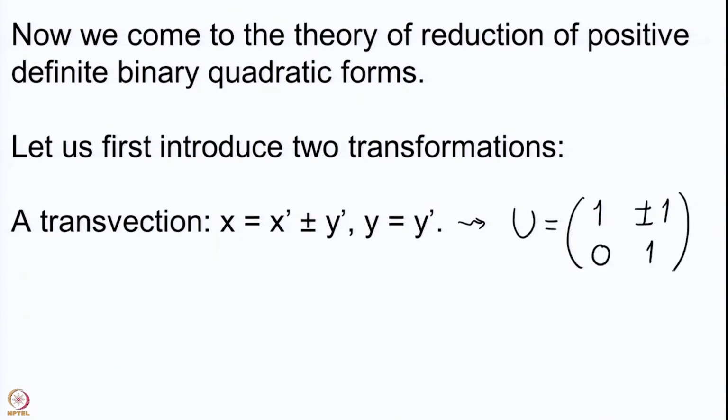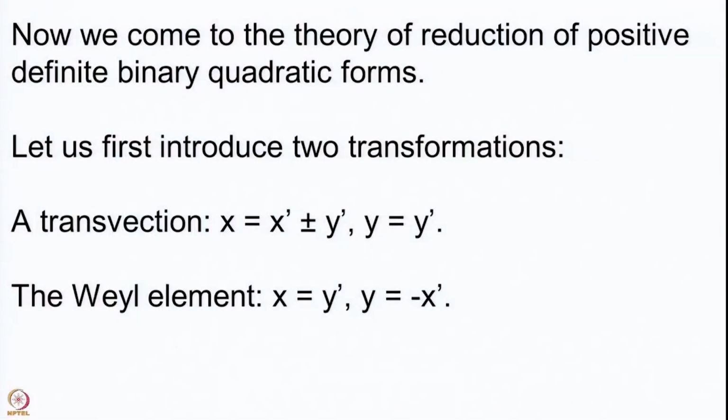You may obtain it by writing x in terms of U x prime where U is this, and you will see quickly that x is x prime plus or minus y prime and y remains the same, it is equal to y prime. These matrix elements are called transvections. So, we call this a transvection. It can be plus or minus, there are two possibilities.